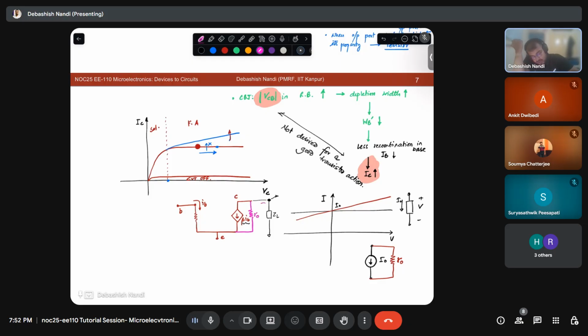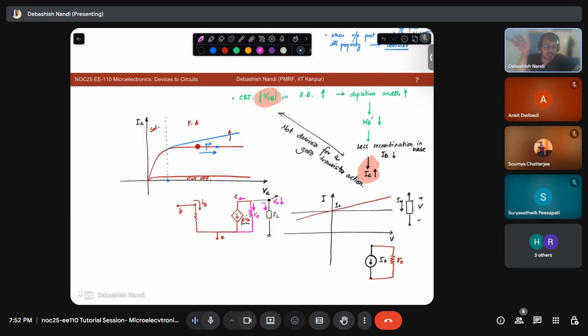Then how much current will go to this ZL? Will it be beta IB or something else? This beta IB current will then get distributed between this branch and this branch as well. So some of the current is getting sucked in by the R0. That means this voltage level V out will drop. That we do not want, okay?